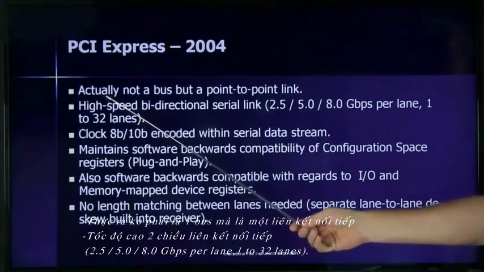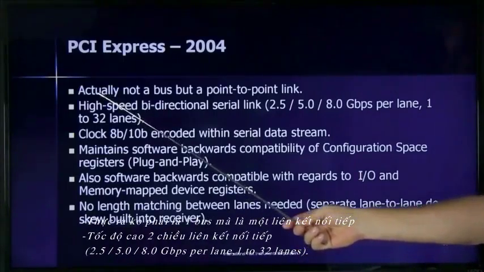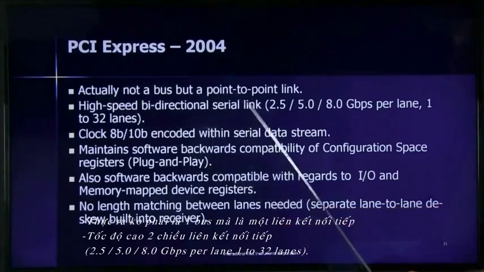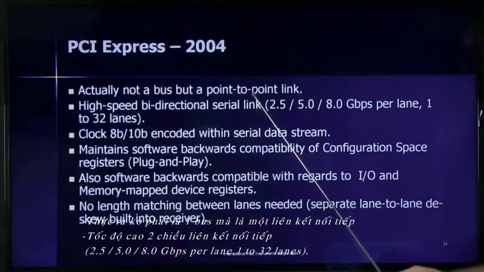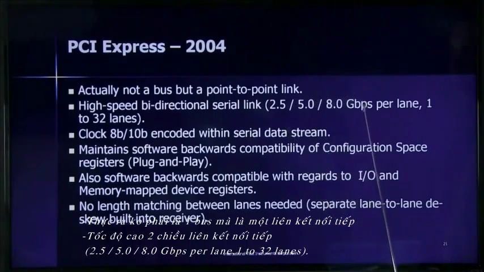So the first thing to note about PCI Express, it is actually not a bus, but a point-to-point link. The reason for that is that in order to communicate with high-speed serial data at a gigabit per second rate, you actually cannot use a multi-drop bus like in PCI.